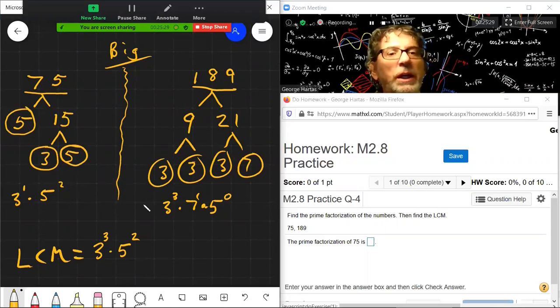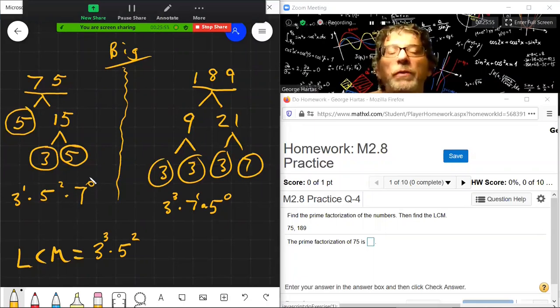Now we switch to this side. We already looked at 3s. We already looked at 5s, but we have not looked at 7s yet. There's 1 7 here. And if you want, again, you don't have to do this, but this kind of shows you that there are no 7s here because 7 to the 0 is 1, and 1 times this is this. This doesn't change anything.